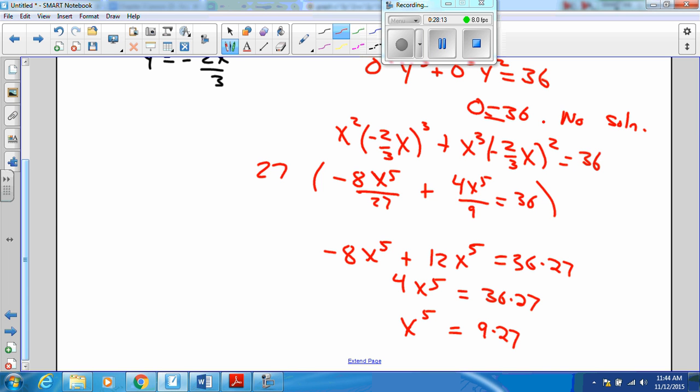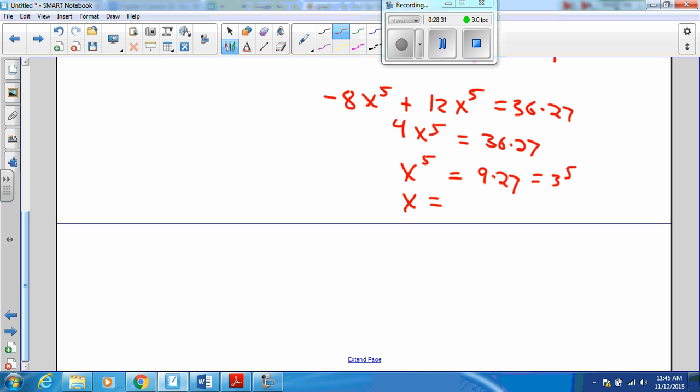And 9 times 27, don't work too hard at this. 9 is 3 to what power? 3 squared. And 27 is 3 to what power? 3. So I've got 3 squared times 3 to the 3rd, which is the same as 3 to the 5th power. And so x is 3.